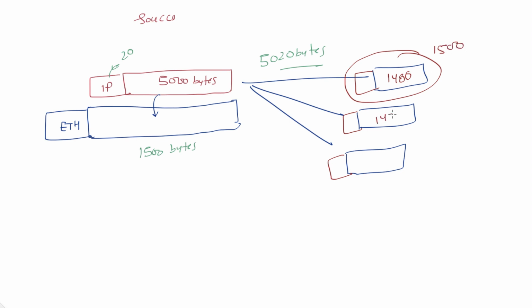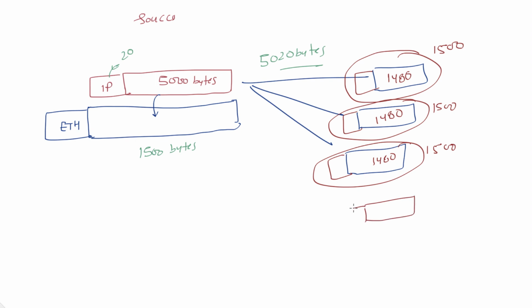So this will be 480, this will be 1500, and this will be 480, this will be 1500. Now if you multiply this 480 by 3, there will be something remaining. So this will be the remaining data, and then this will be 20 bytes, right? This will be less than 1500, but it doesn't matter, because the maximum size could be 1500. So we will be dividing this 5000 bytes into 4 packets or 4 fragments, and this process is called fragmentation.